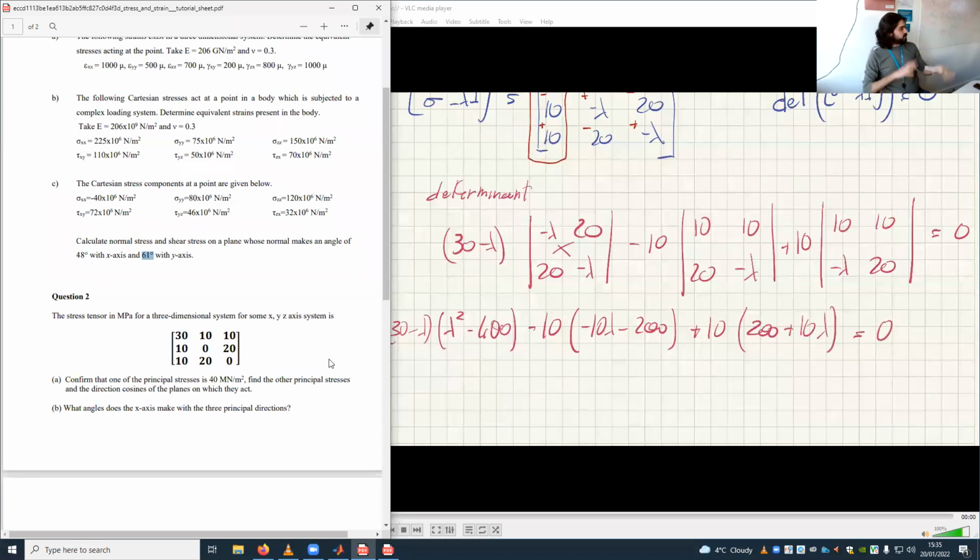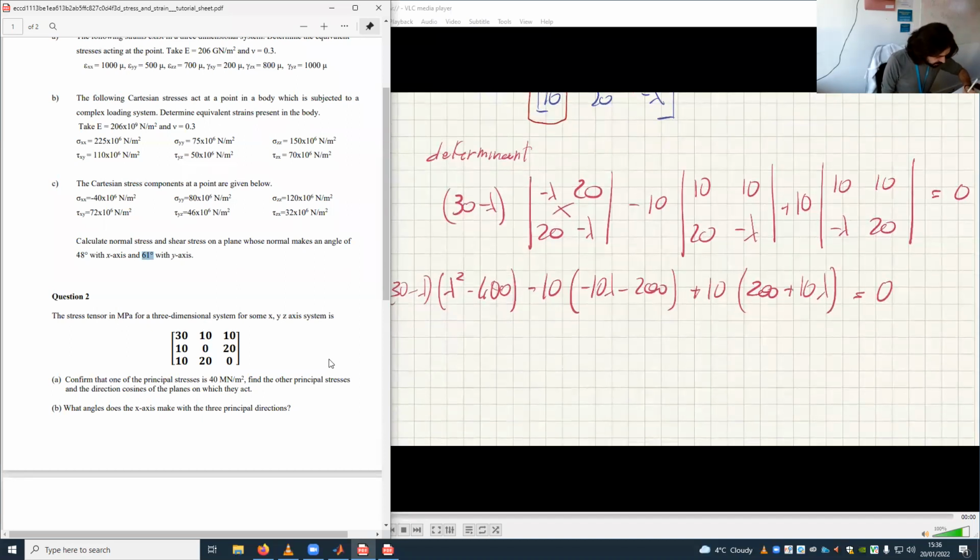Okay, now we just need to do these multiplications. And so I get 30 lambda squared, 30 lambda squared, minus 12,000. So I'm doing this times this, and this times this. And then I'm now doing this times this, and this times this. So minus lambda cubed, minus 400 lambda, sorry, plus 400 lambda.